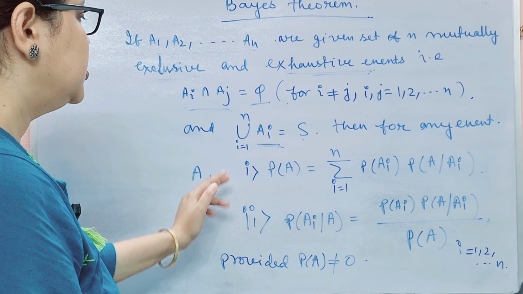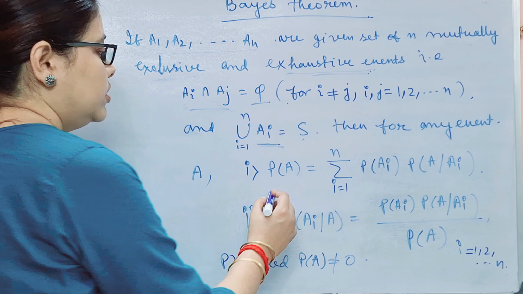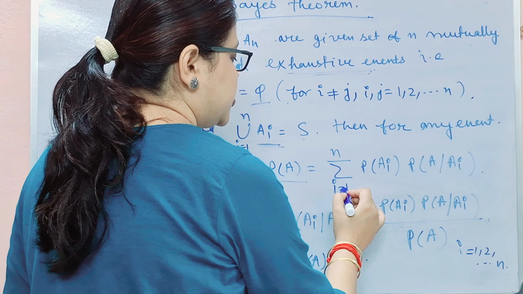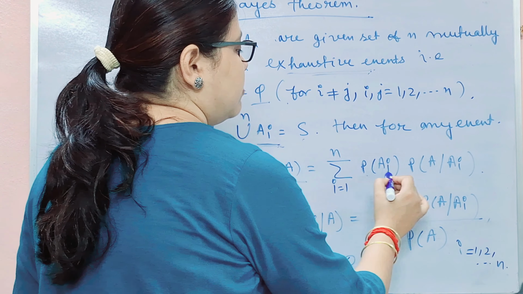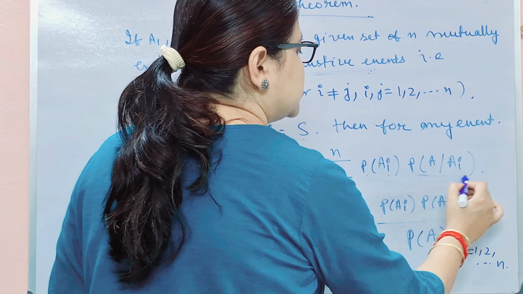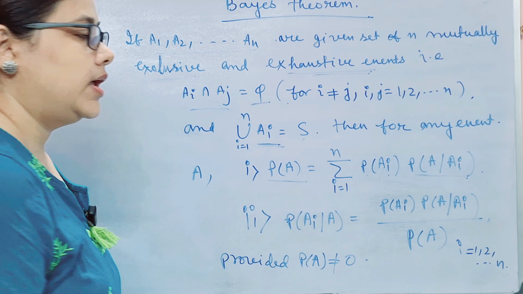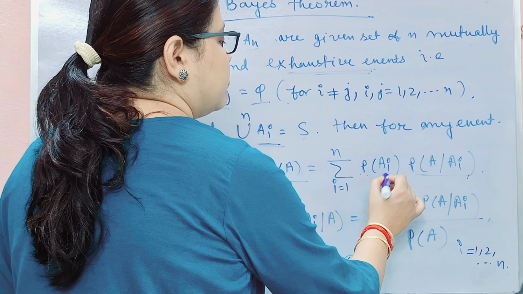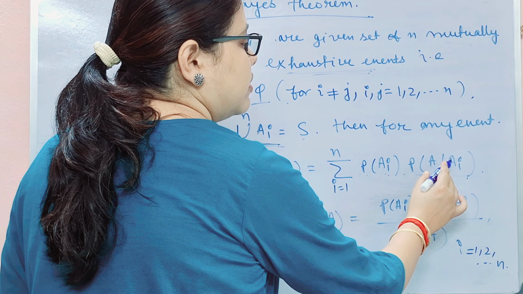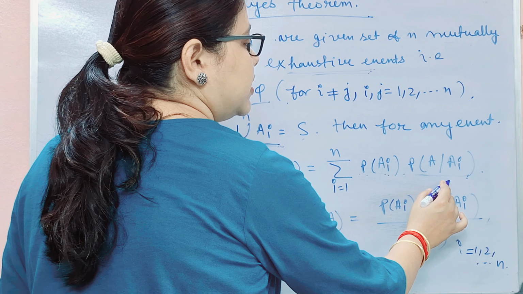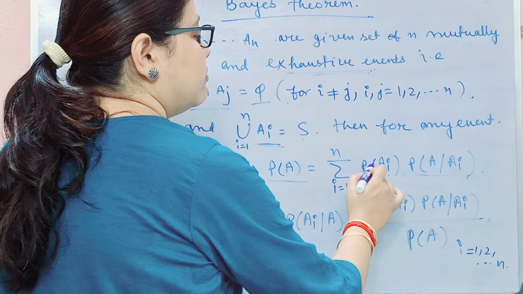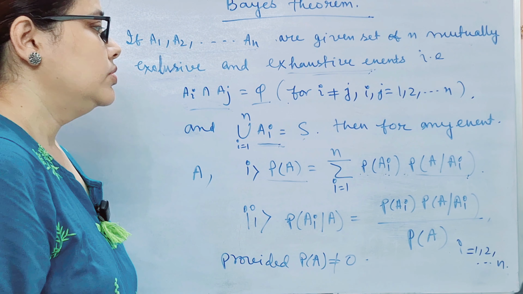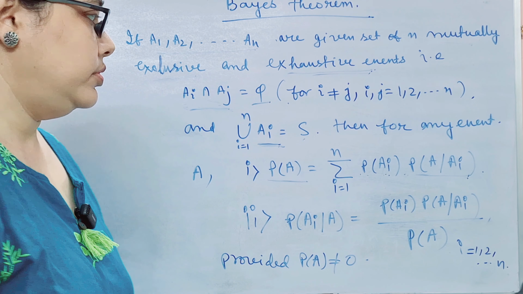Under these two conditions, probability of A will be equal to the summation i equals 1 to n of probability of Ai times the conditional probability of A when Ai has already occurred. This means probability of A1 times probability of A given A1, plus probability of A2 times probability of A given A2, plus and so on.